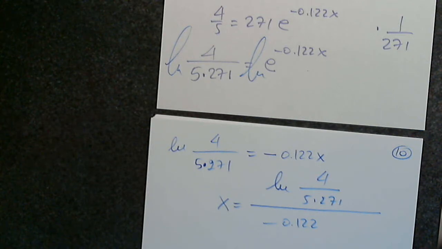So what I wanted to do is natural log of 4 divided by 5 and further divided by 271 to skip the so many parentheses, but it's the same thing. You're going to get the same answer. Negative 0.122. The answer is identical.